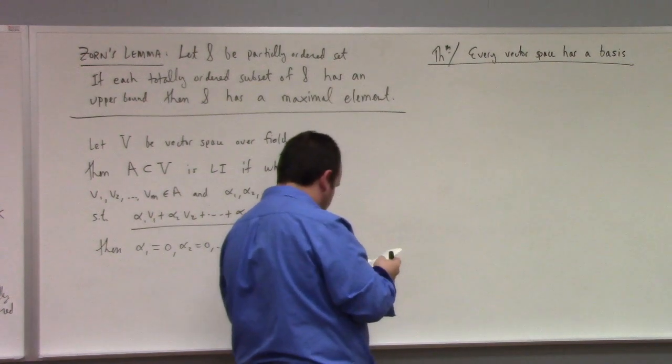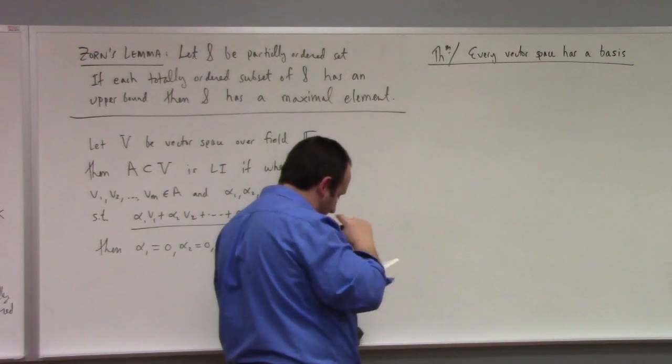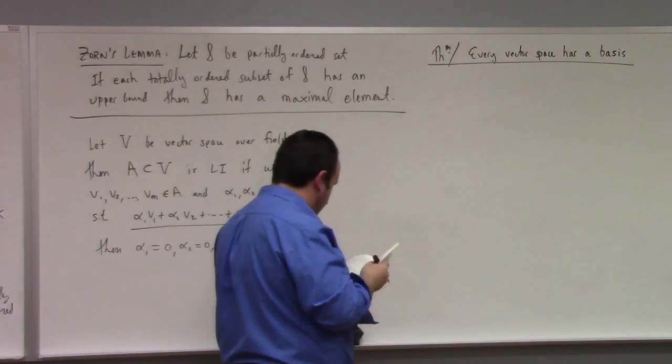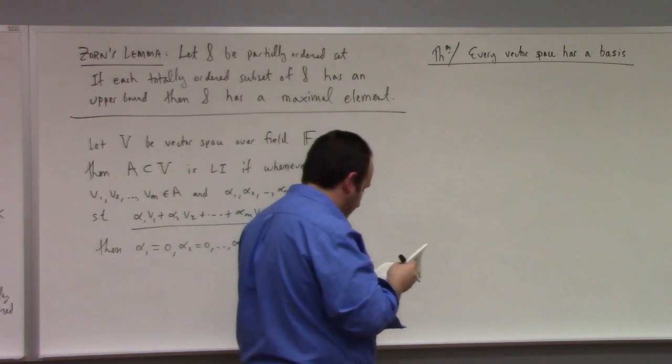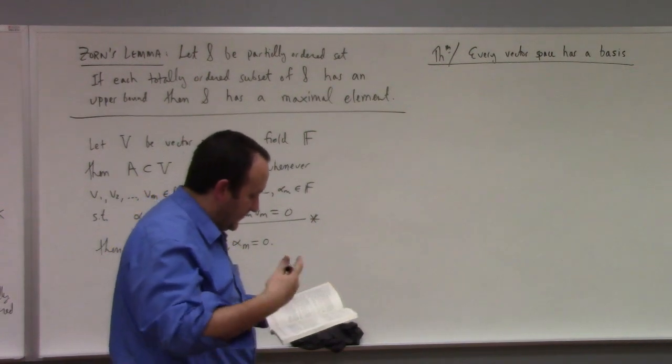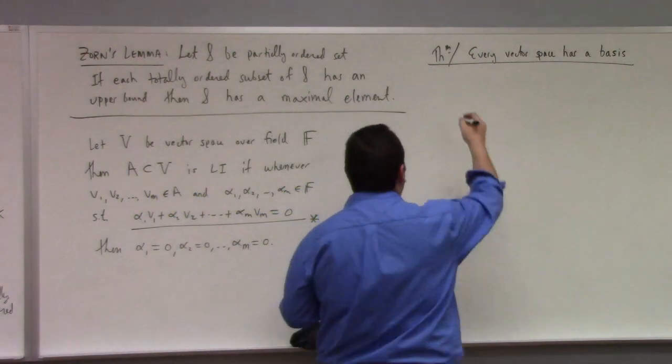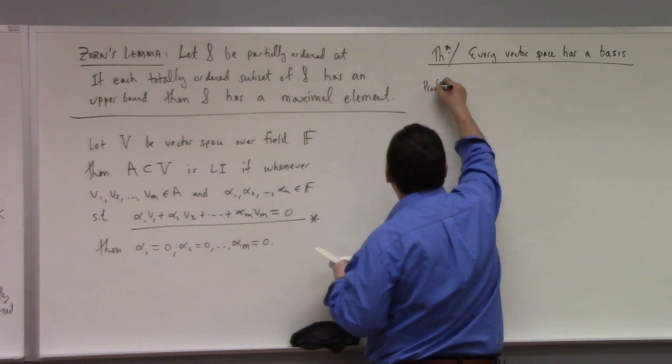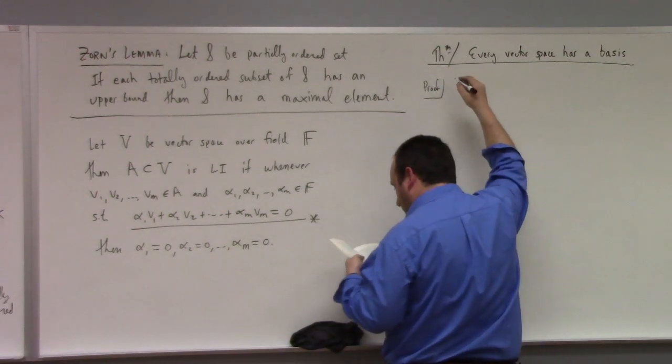But here's the argument. So he says this proof is non-constructive in the sense that we don't exhibit a basis explicitly, we rather deduce its existence from Zorn's lemma. So here's the proof. Let's run through it here.